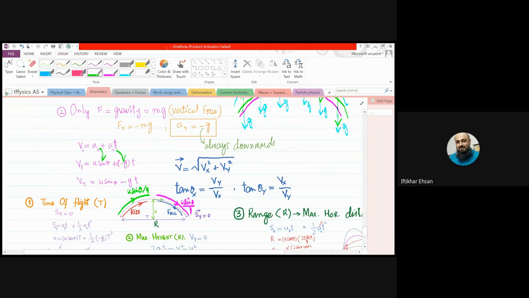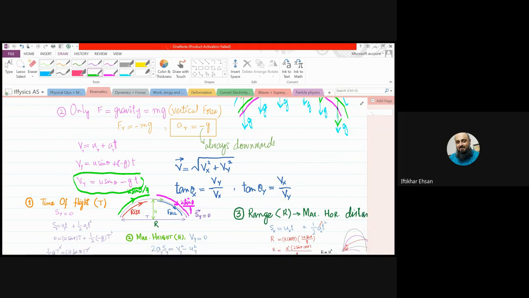Never do we take plus g in projectile. t stays the same. So the whole formula can be simplified to this, just the plus minus makes it negative. Nothing more mathematical. So this gives you the vertical component at any time.